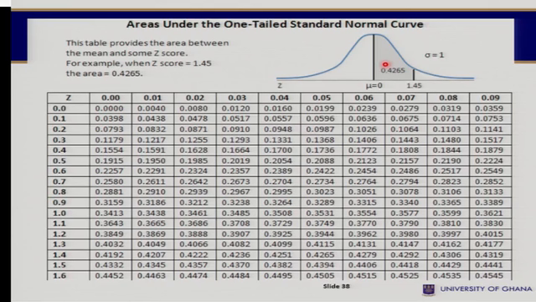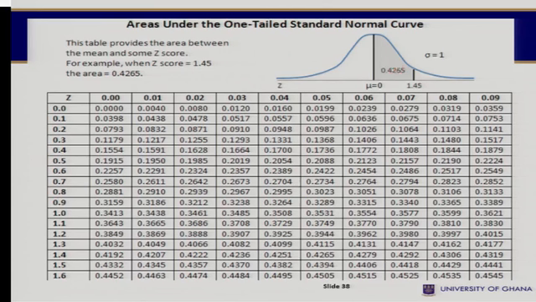We know the shaded area to be 0.4265. Assuming we're interested in the unshaded right tail, then all you do is take the whole of this area, which is 0.5, minus this shaded area, and we got 0.0735. So you can use this table, and I'll illustrate.